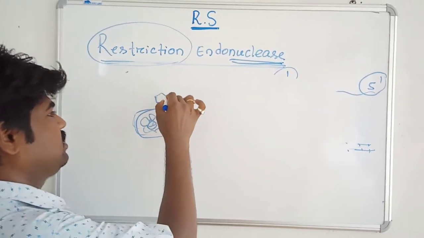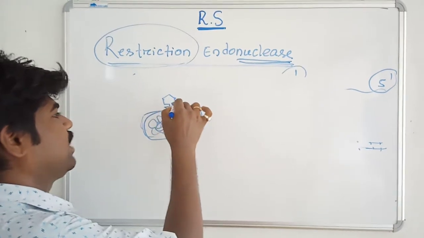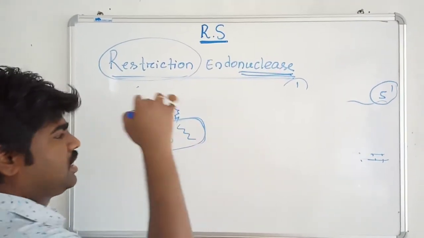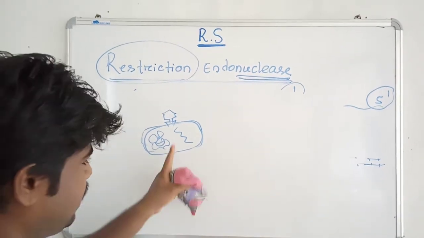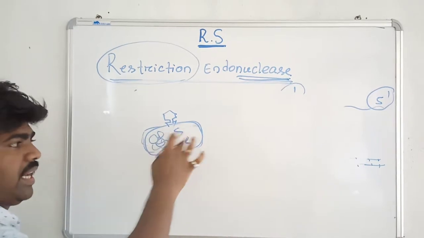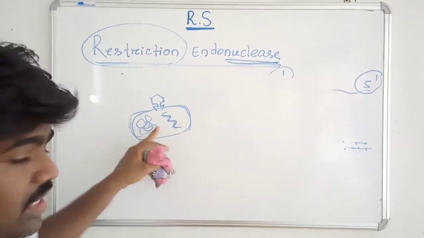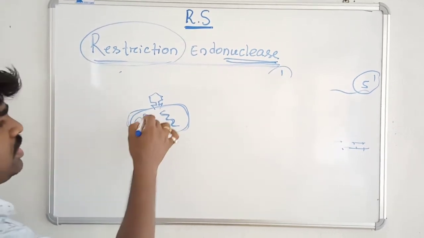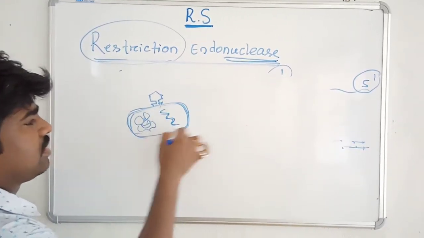The bacteriophage is the virus that infects the bacteria. While it infects the bacterial cell, it delivers its genome, its DNA, into this bacterial cell, right? Once the viral DNA is inside the bacterial cell, it tries to take control over the cellular machinery of the bacterial cell.